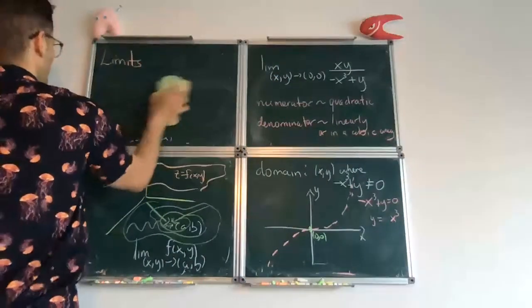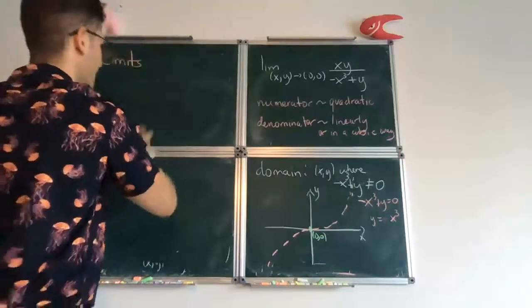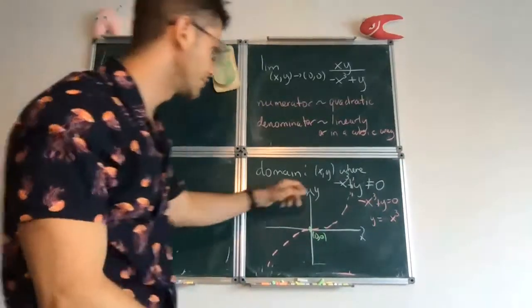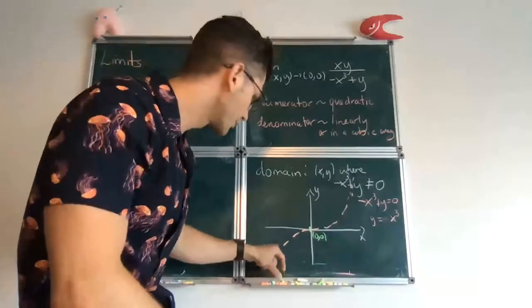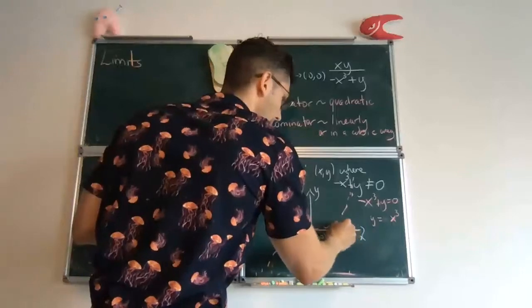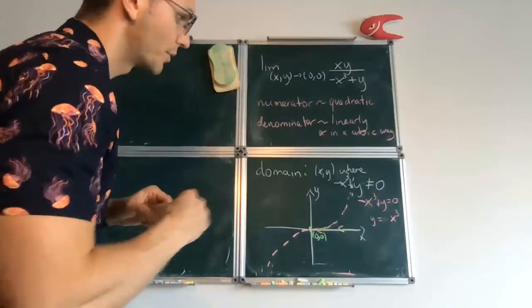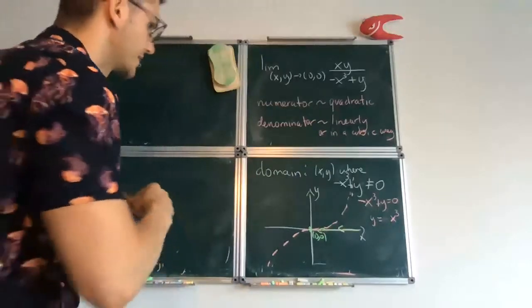So you can start slowly and see what happens if you approach this point from the y-axis or the x-axis. What happens if you approach this point moving along the x-axis?